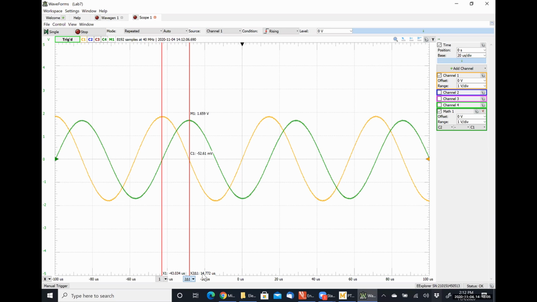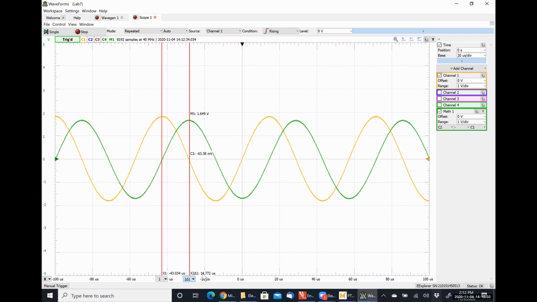Anybody have any idea why the answer isn't exactly 90 degrees? So our inductor is not an ideal inductor. It's formed by a piece of wire that has a finite resistance. And so that finite resistance in series with the resistance of the resistor itself is throwing that off a little bit. That's all it is.